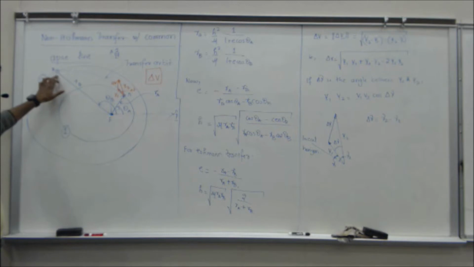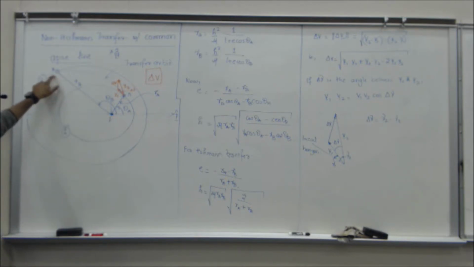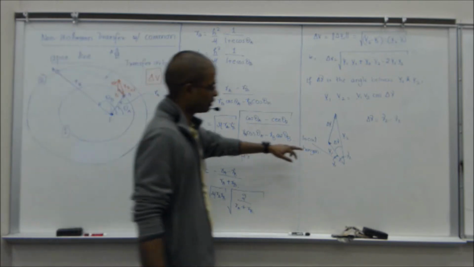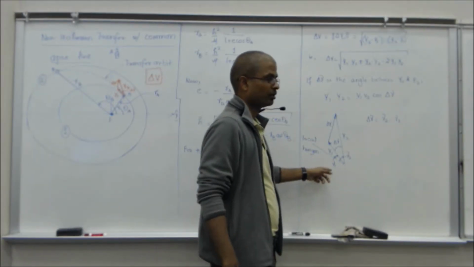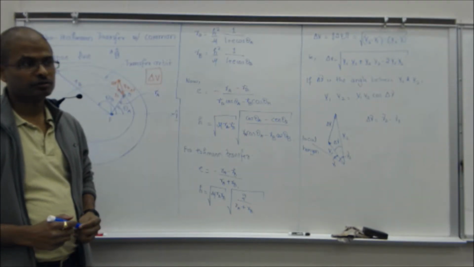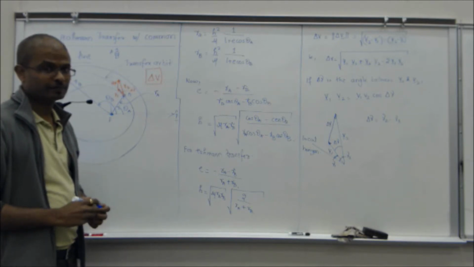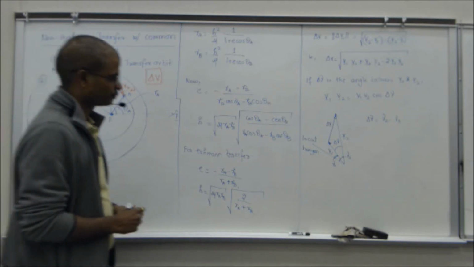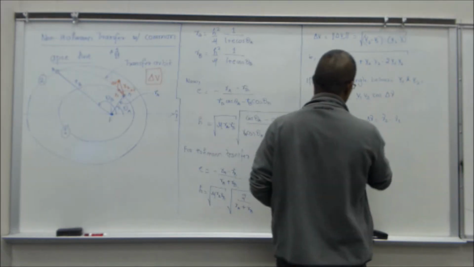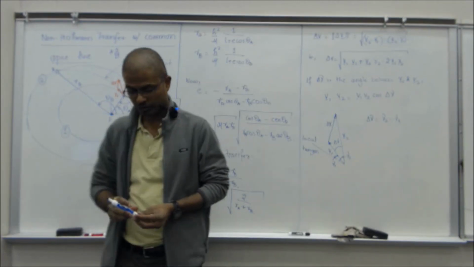At any point, if you join the center to that point, that is the local horizon. And the angle between the local horizon and the velocity vector is defined as gamma. You remember flight path angle? Anyways, so this is your delta gamma, okay? Change in that angle.